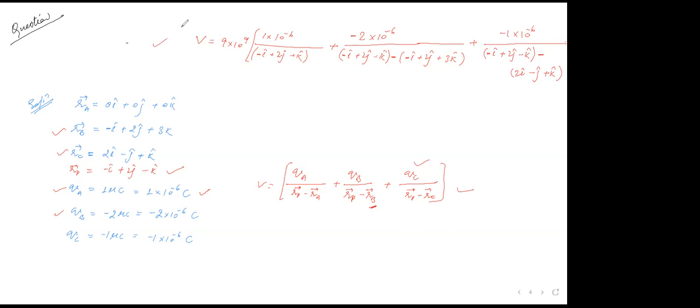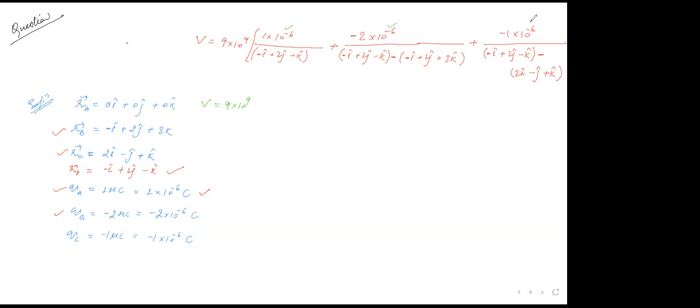Okay. We put all of the values given in your question. There is nothing from outside. Now in the next step, V is equal to 9 into 10 raised to the power 9 and 10 raised to the power minus 6.